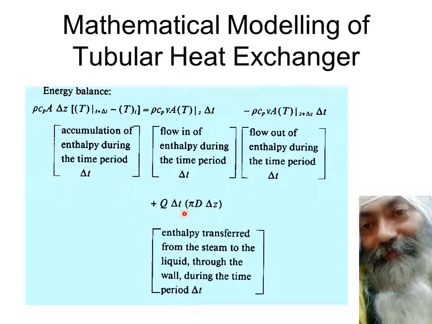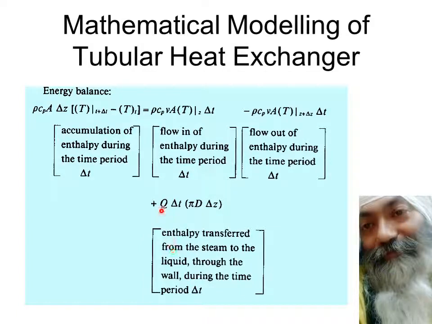And this area is nothing but pi into d into delta Z. This is what I've told you, that pi into d is the circumference, and delta Z is the length, and therefore the area through which it's moving is given by this equation, and it's happening per unit time. So it's to be multiplied by delta T to know what's the total amount of enthalpy which is transferred from steam to the liquid through the wall in a given amount of time delta T.